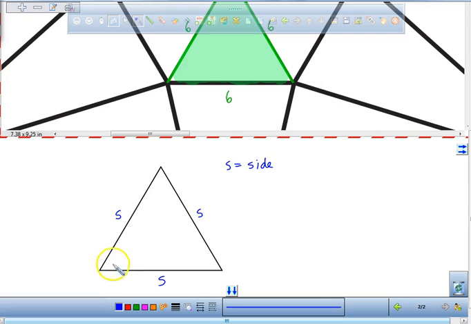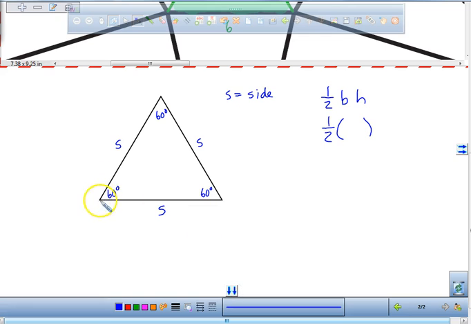Now, knowing that an equilateral triangle has 60-degree angles in every single corner, and knowing that the area of a triangle is 1/2 the base times the height, what would be considered the base of this particular equilateral triangle?